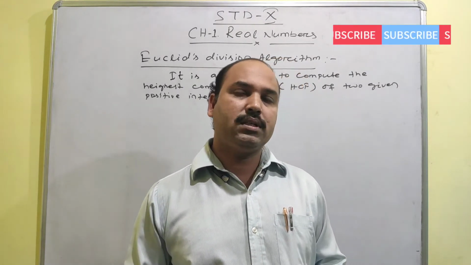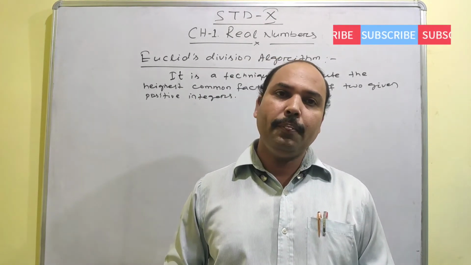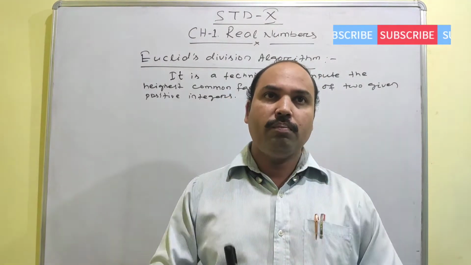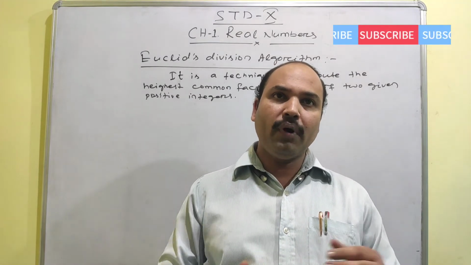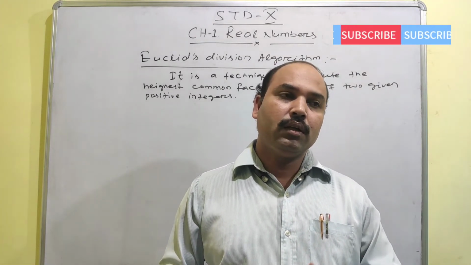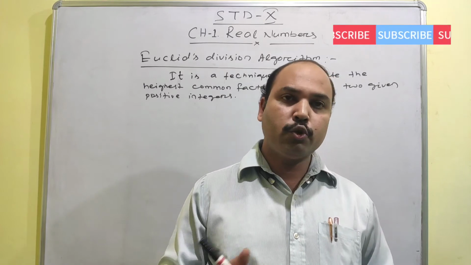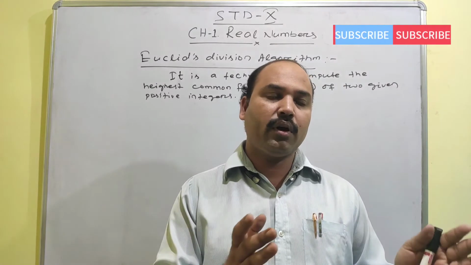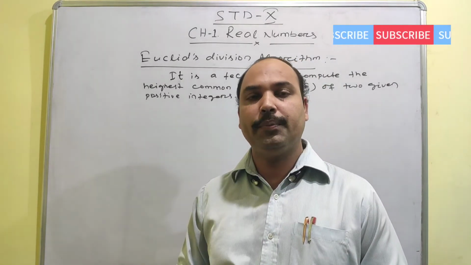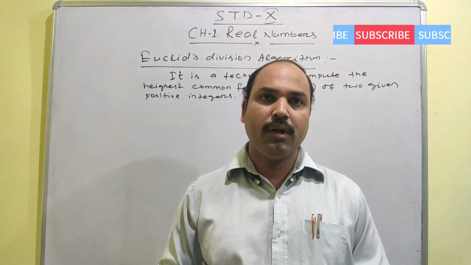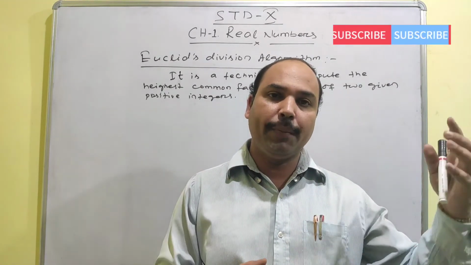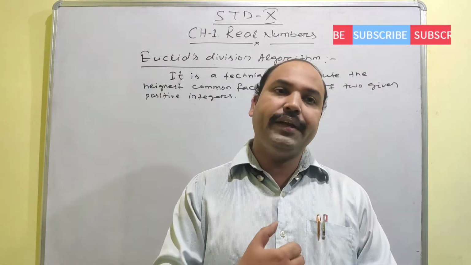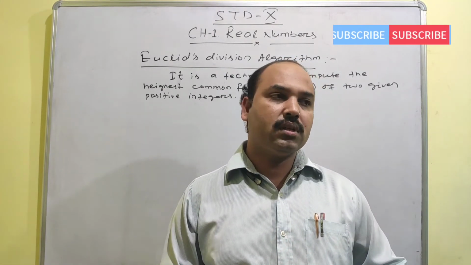One thing to remember: Euclid's division algorithm and Euclid's division lemma are so closely interlinked that students are always confused about what the lemma is and what the algorithm is.